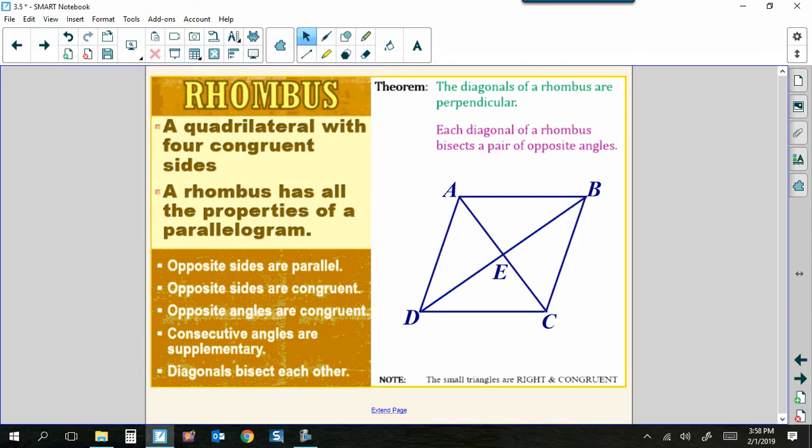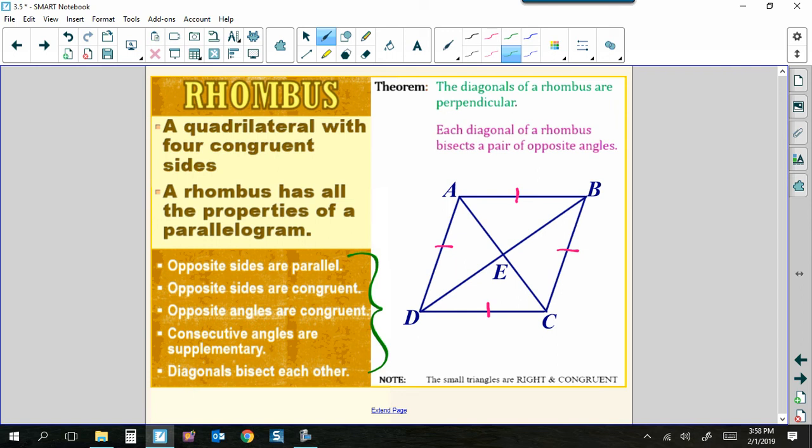A rhombus is a quadrilateral with 4 congruent sides. A rhombus also has all the properties of a parallelogram. Now, in addition to that, we have opposite sides are parallel. We will also be able to say that opposite sides are congruent. Opposite angles are also congruent.